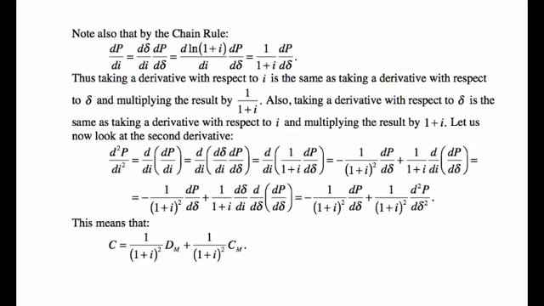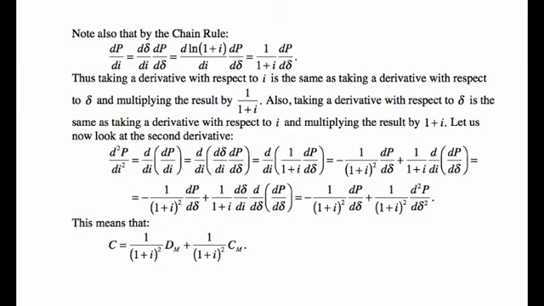Let's also note that by the chain rule, the derivative of the price with respect to the interest rate is equal to the derivative of delta with respect to the interest rate times the derivative of the price with respect to delta. And that implies that 1 over 1 plus I times dP over d delta is dP over dI. And we've used this all the time. That gives us the relationship of Macaulay duration to duration.